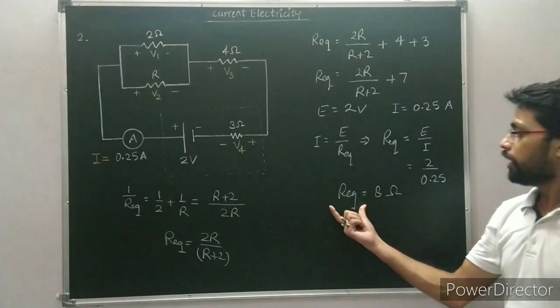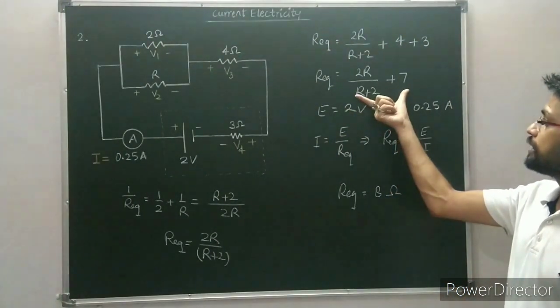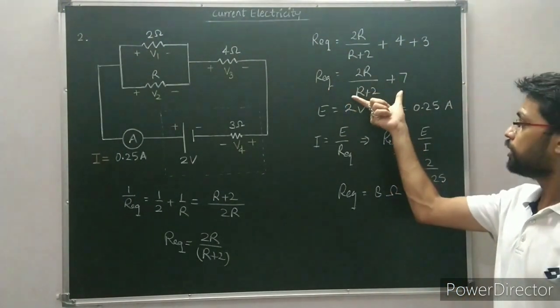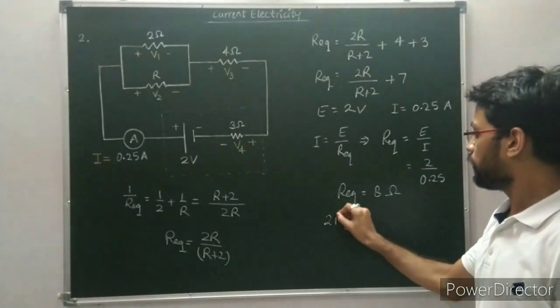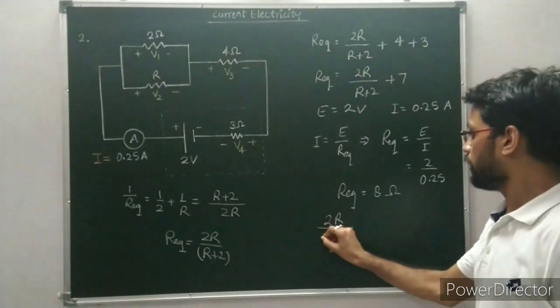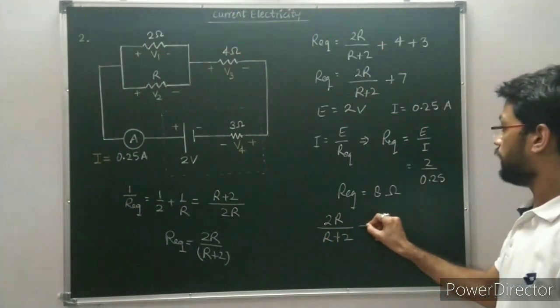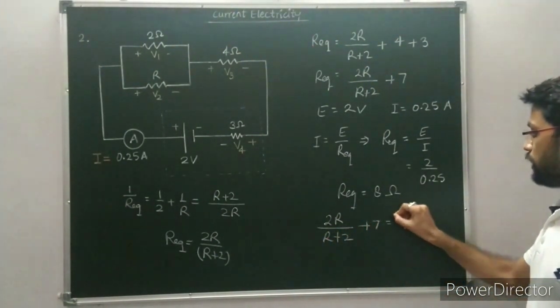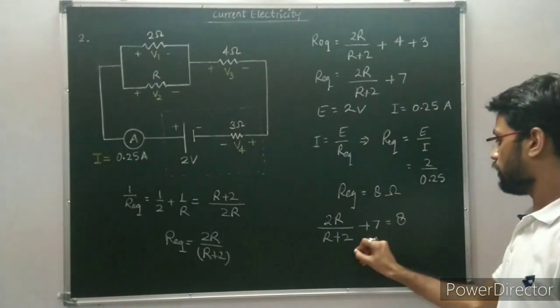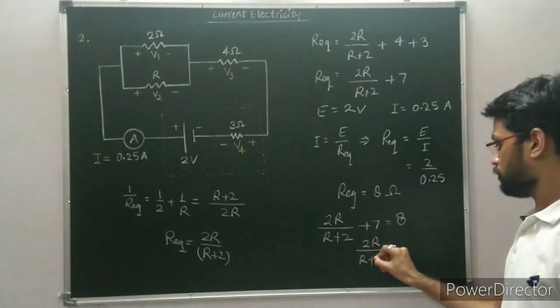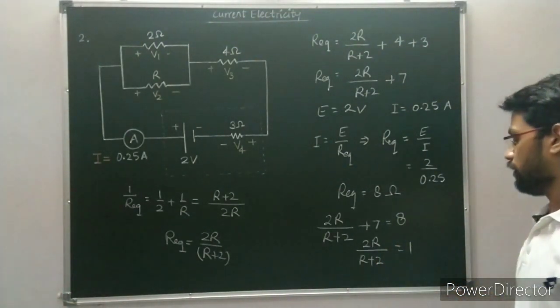But Req is equal to this term, so we can put the value of Req here. You get 2R divided by (R plus 2) plus 7 is equals to 8. When you solve it, you get 2R upon (R plus 2) is equals to 1.